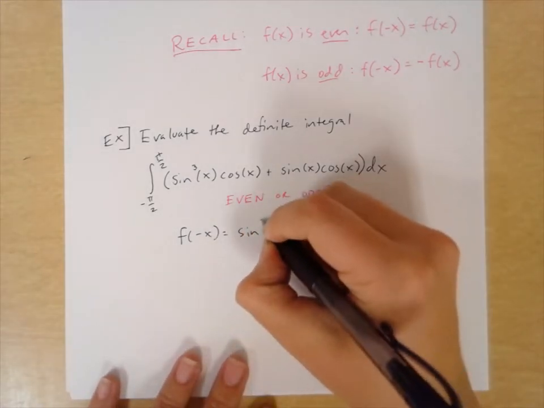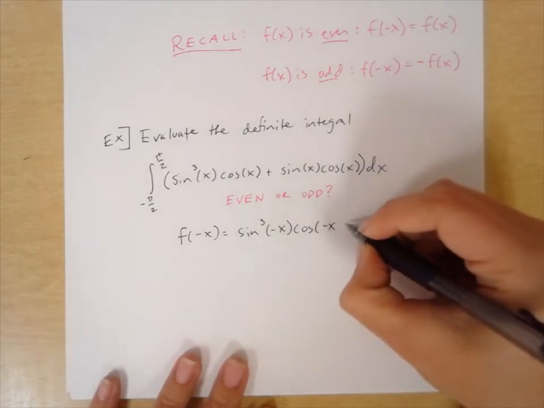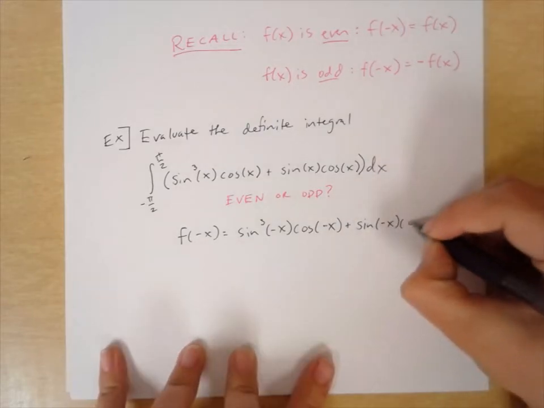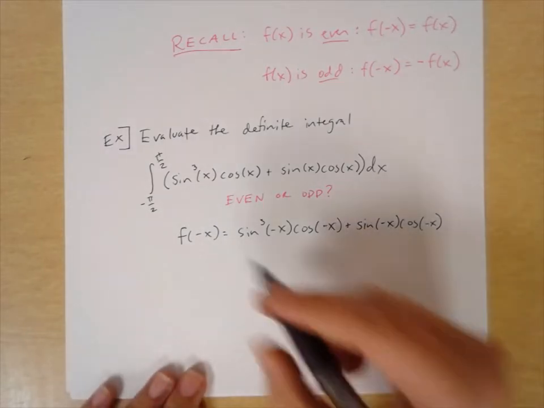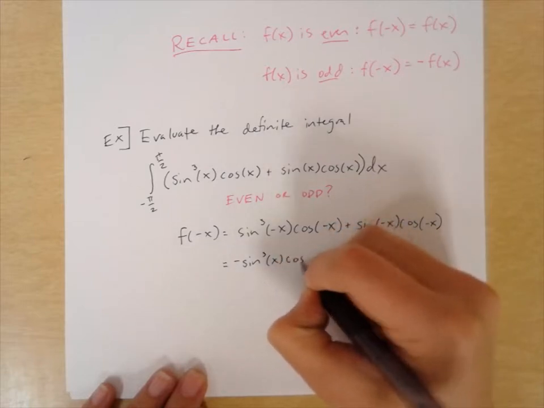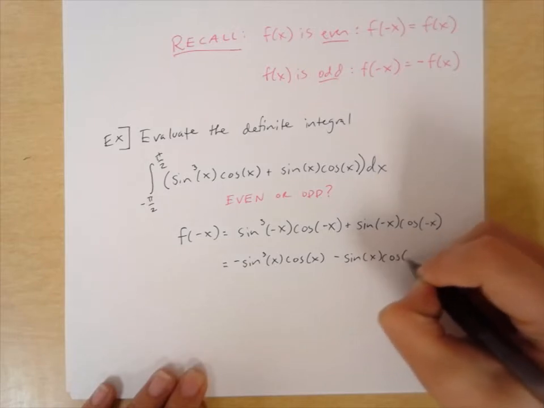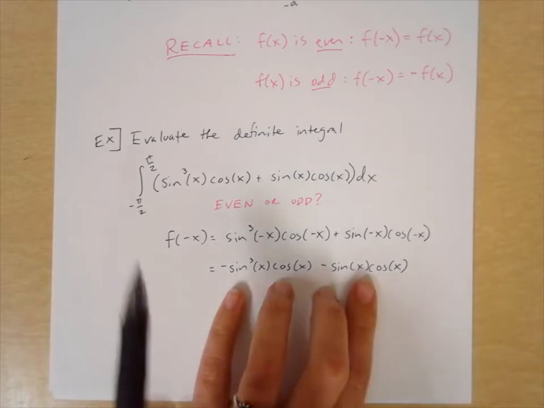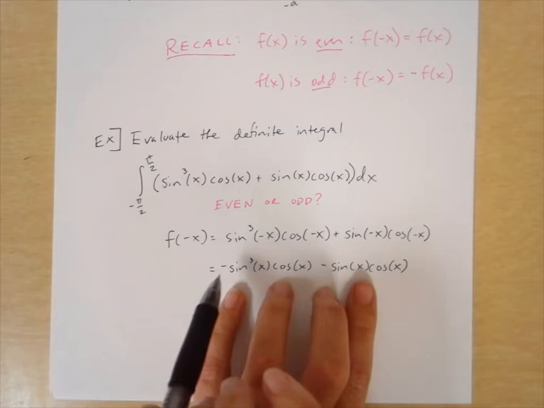And we can do that by substituting in a negative x and seeing what happens. So that would look like this: sine cubed of negative x cosine of negative x plus sine of negative x cosine of negative x. What this would all simplify out to be would be negative sine cubed x cosine x minus sine x cosine x. I want you to see that the difference between once we substituted in negative x and our original function is that the signs changed.